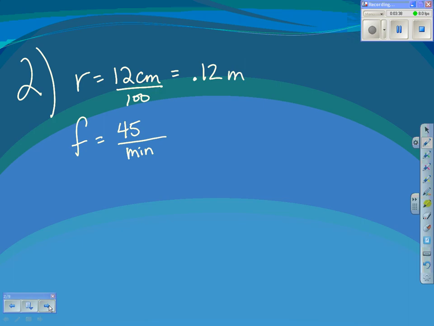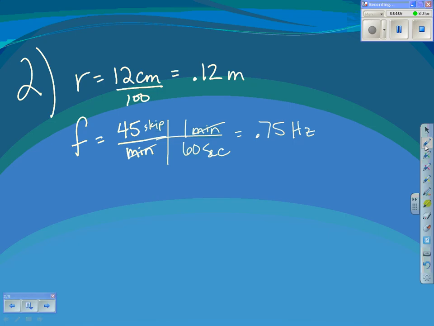For every 1 minute, there are 45 skips, over 60 seconds. So we can cancel out our minutes and find that 0.75 hertz is our frequency because it skips per second.